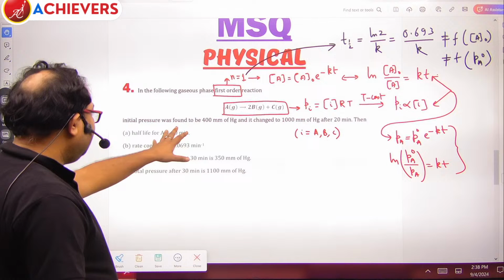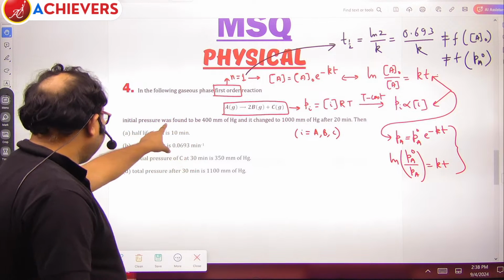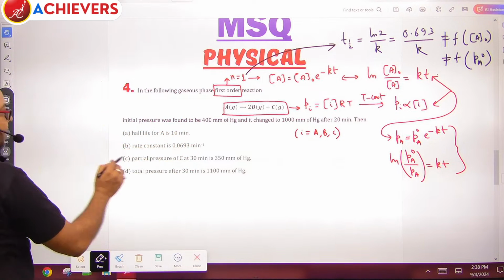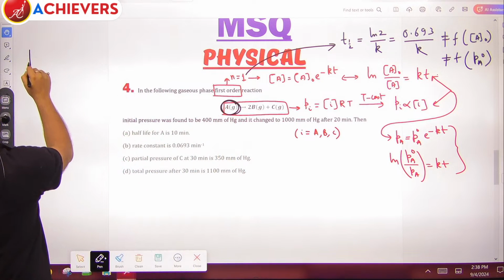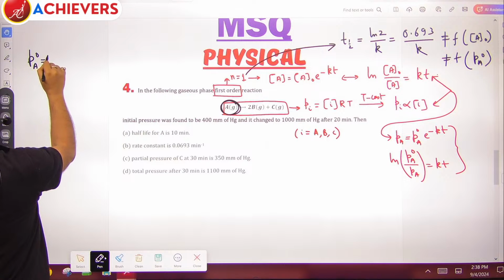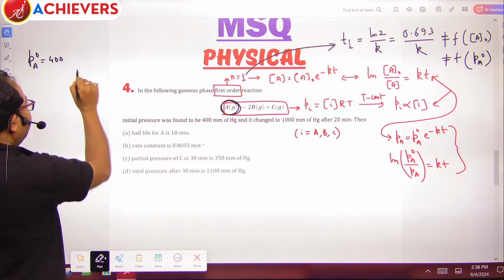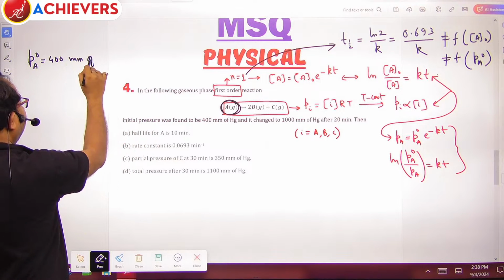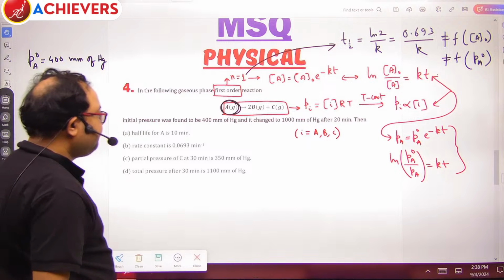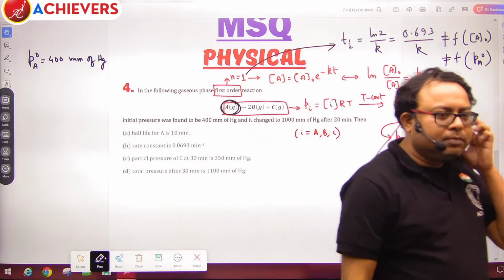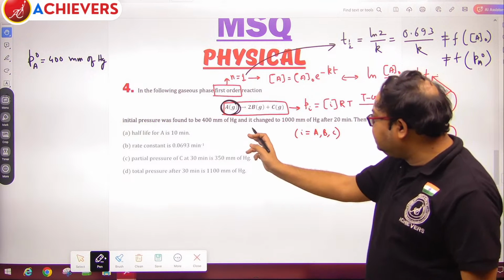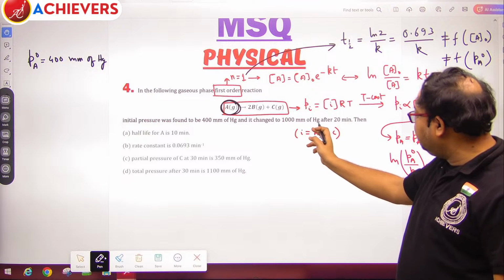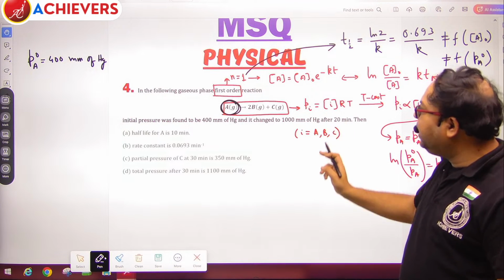So now let us look into the data. The initial pressure of A, that is PA naught, was found to be 400 millimeter of mercury. And they're saying that it changed to 1000 millimeter of mercury after 20 minutes.